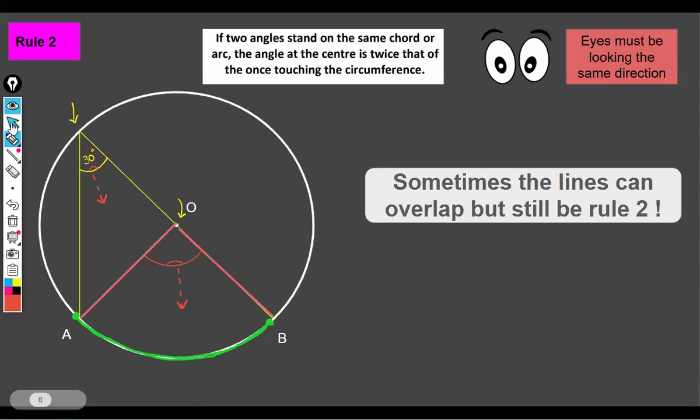So what's the size of that red angle? Send the answer in the chat if you can. Right, the answer would be 60 degrees. The one at the center is always twice the one at the circumference. So this is rule 2, where two legs kind of overlap.